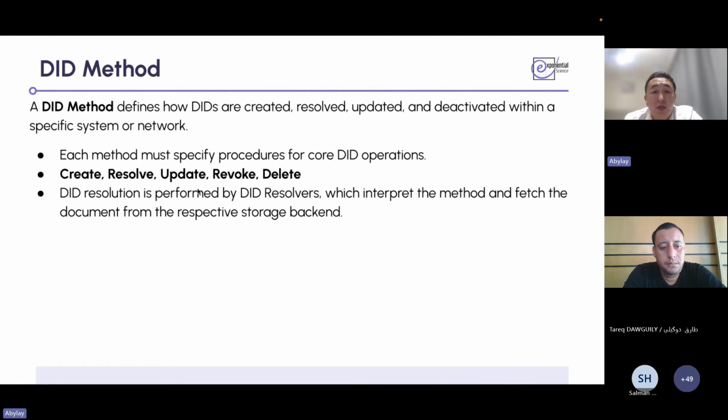By DID operations, we mean you should be able to create your DID, resolve it, like retrieve it from the blockchain or from some database, and update it, like updating attributes, service endpoints, and your public keys, or rotating your keys and so on. Revoke is like replacing your current attribute with an updated one, or deactivating it.